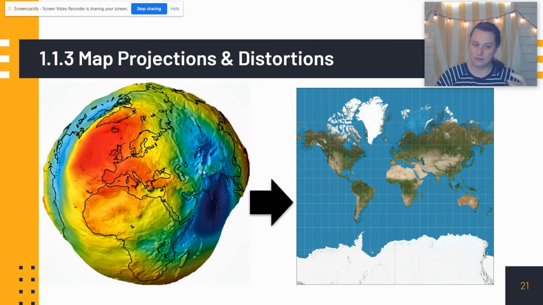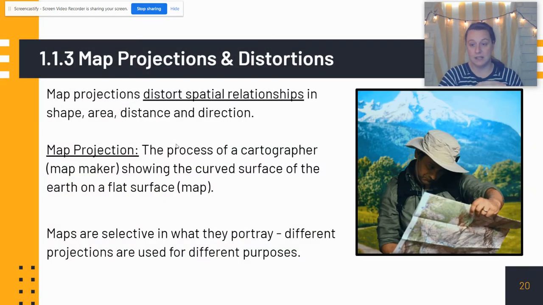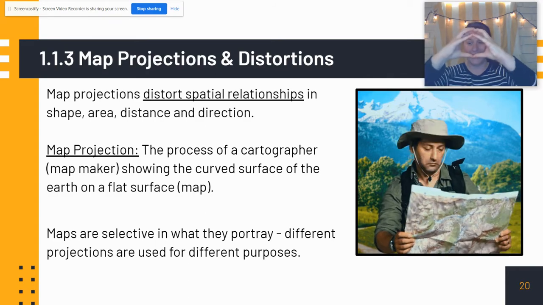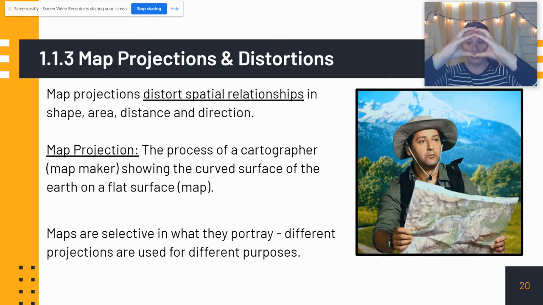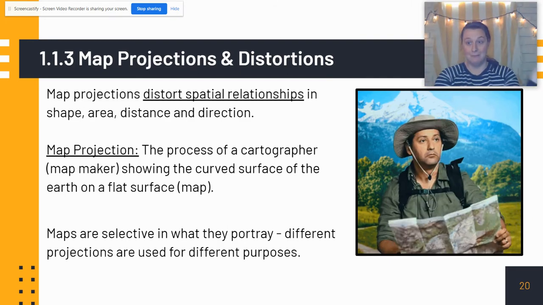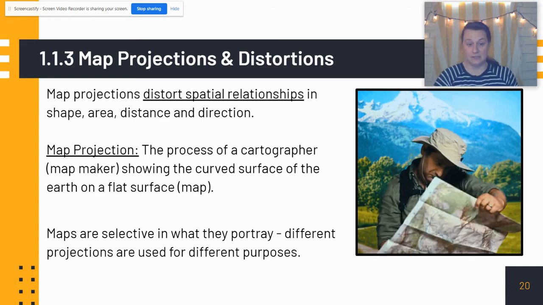This is a rough outline of what the earth is actually shaped like. And so a map projection is the process of that map maker, that cartographer, deciding how am I taking a ball and changing it and making it flat? How do I go through that transformation? And so that's where these distortions come in.